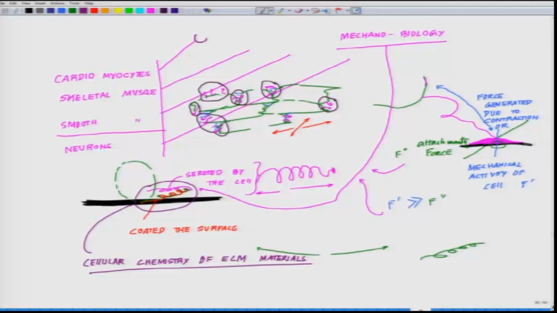So, if we look at it very carefully, it seems these cells prefer to remain in different kinds of colonies of their own with a different kind of surface interaction.